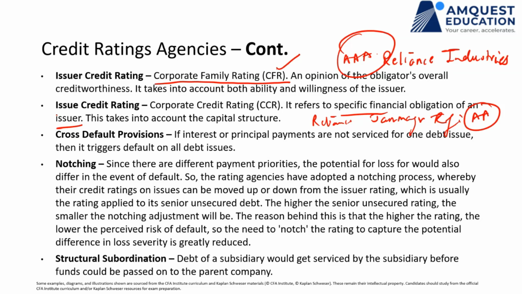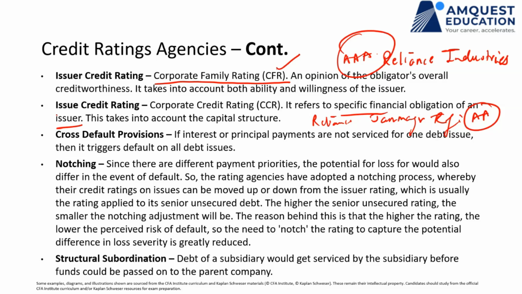You have to understand why. The issuer generally has multiple projects. Reliance has multiple projects, multiple avenues. Even if one project goes bad, Reliance is not materially impacted. It is diversified.